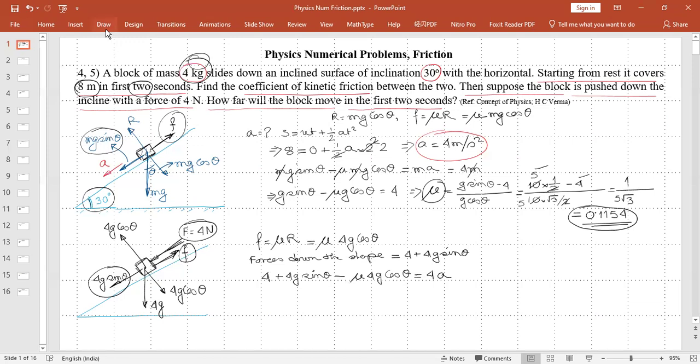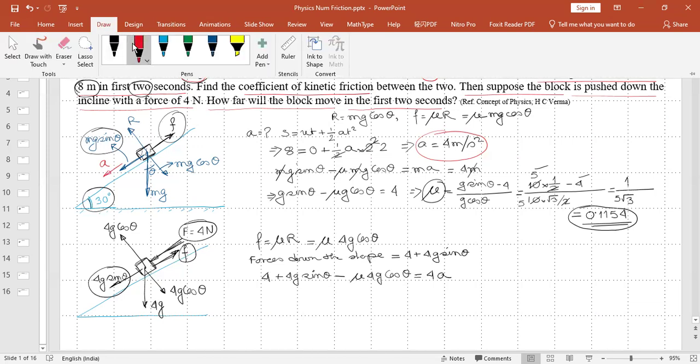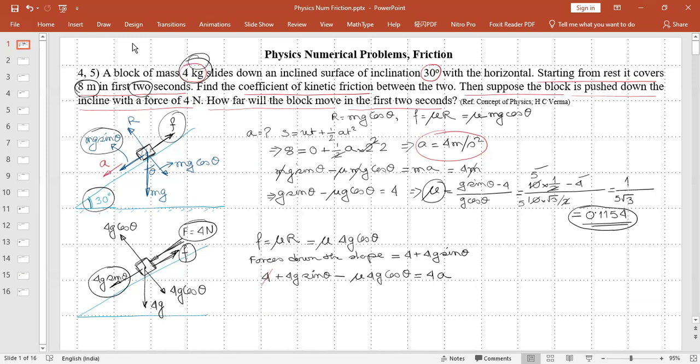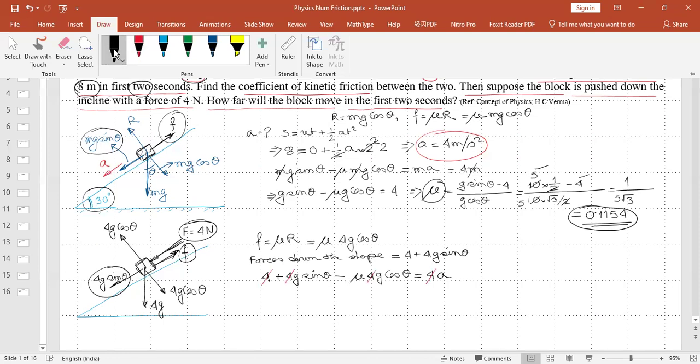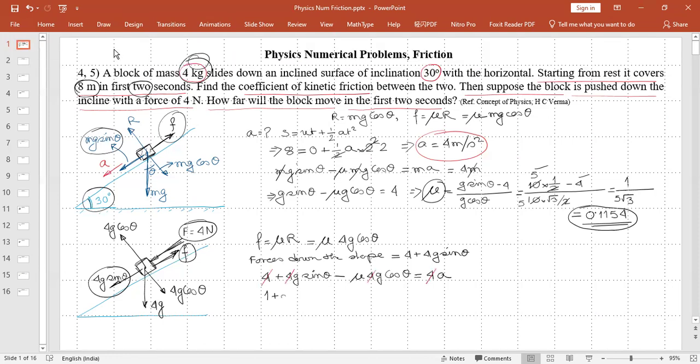Here, we find that the mass gets cancelled. So what we have is 1 plus g sin theta minus mu g cos theta is equal to a.